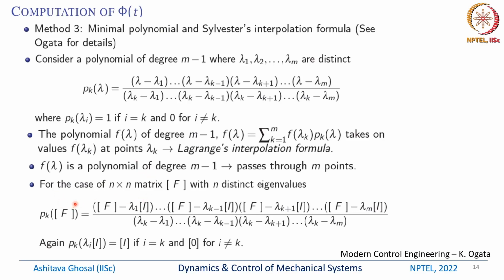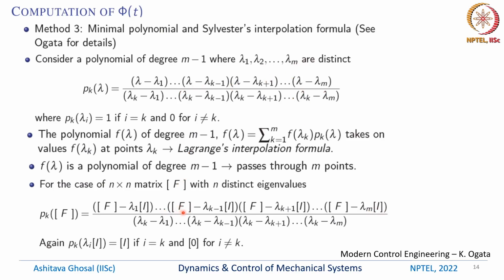So pk of F can be written as F minus lambda 1 into identity, dot dot, F minus lambda k minus 1 into identity, F minus lambda k plus 1 into identity, and F minus lambda m into I. So basically here instead of lambda we will put this matrix F.